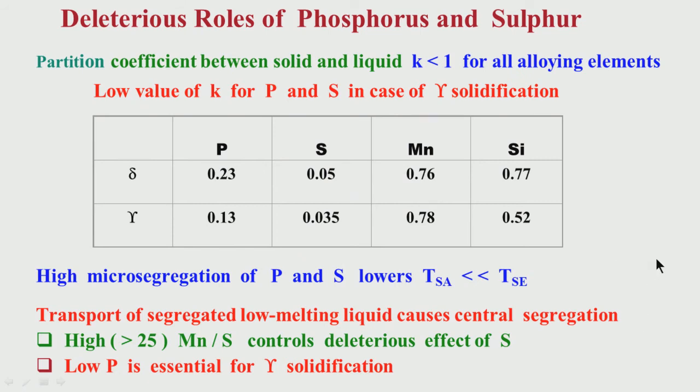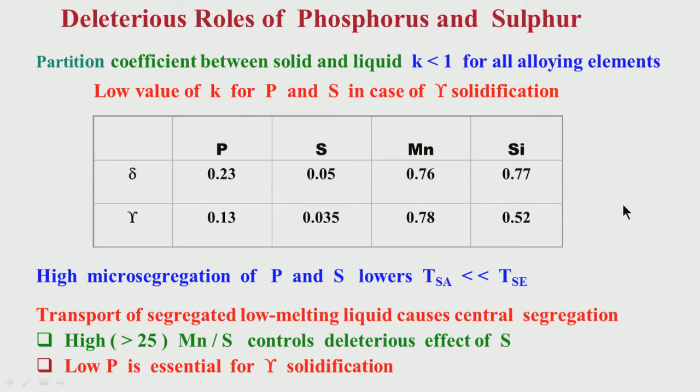Now, what is important to understand is that all of us know that we want to add some amount of manganese in steel to take care of the deleterious effect of sulfur. When the ratio of manganese by sulfur is more than 25, we find that this deleterious effect of sulfur in causing microsegregation is relatively less. Why is it so?